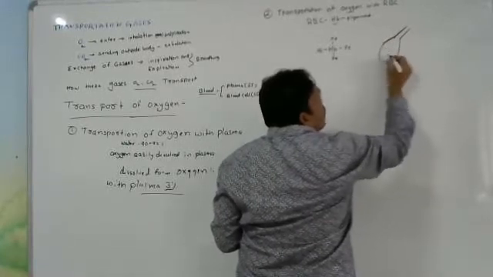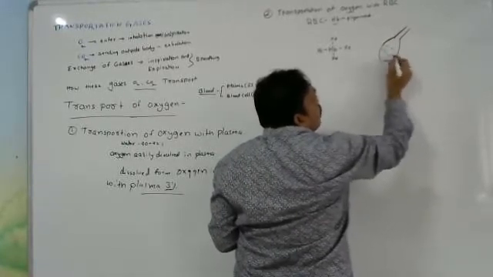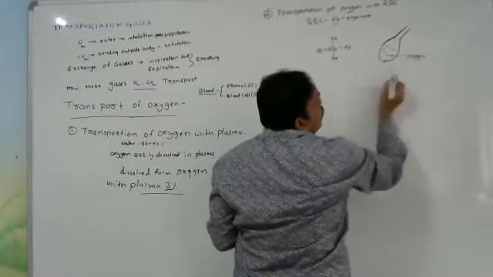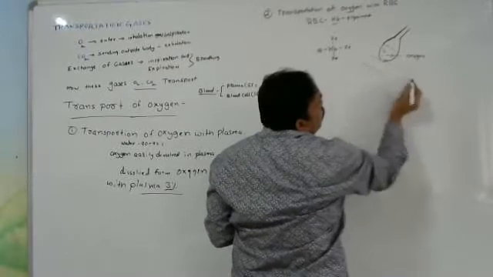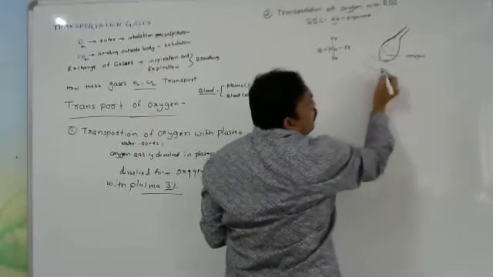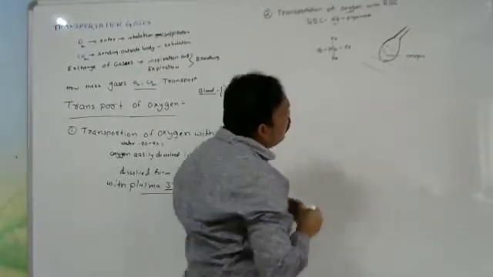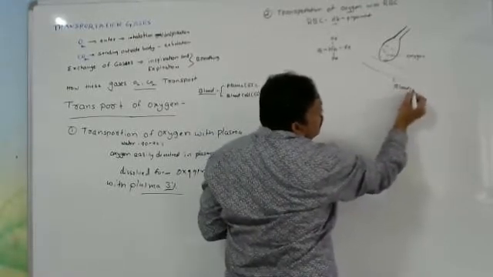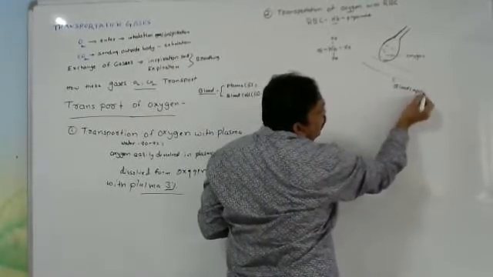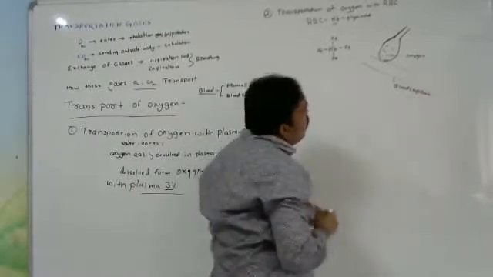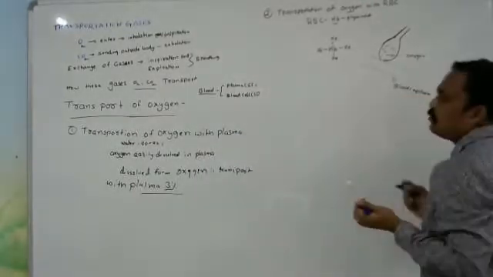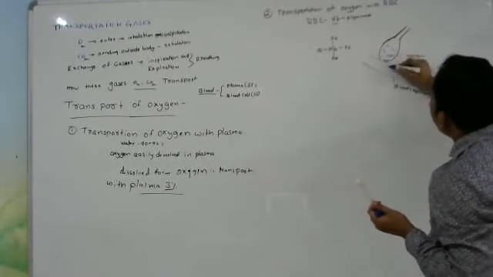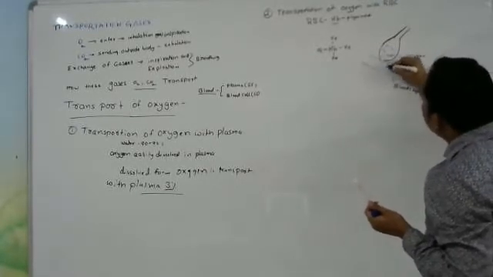Exchange of gases means oxygen is entering into the alveoli. Whatever oxygen entered the alveoli enters into the blood capillaries.